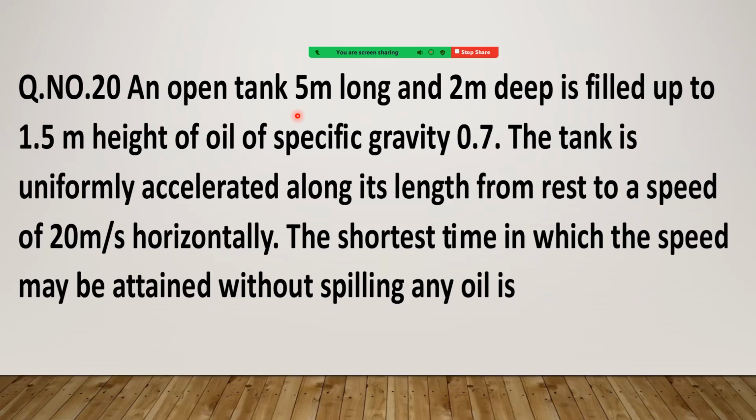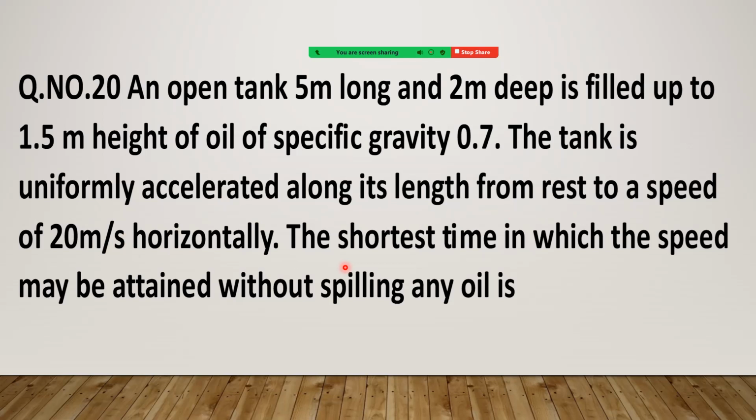An open tank 5 meters long and 2 meter deep is filled up to 1.5 meter height of oil of specific gravity 0.7. The tank is uniformly accelerated along its length from rest to a speed of 20 meters per second horizontally.